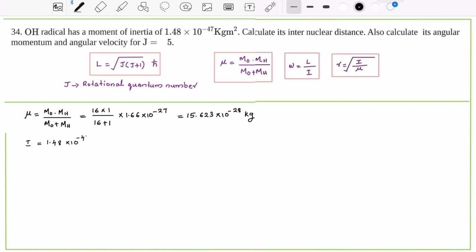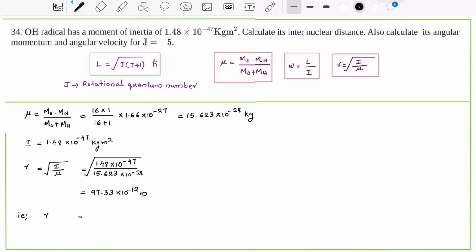Now what is I? Moment of inertia is given in the problem as 1.48 into 10 raised to minus 47 kilogram meter square. Therefore the bond length R is equal to root of I by mu, and that is equal to root of 1.48 into 10 raised to minus 47 divided by 15.623 into 10 raised to minus 28, and this is equal to 97.33 into 10 raised to minus 12 meter.